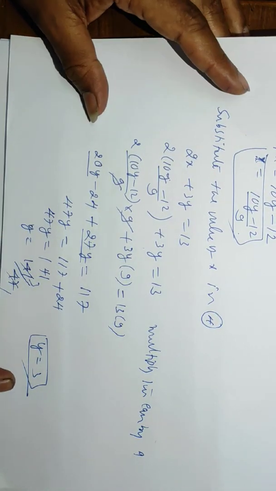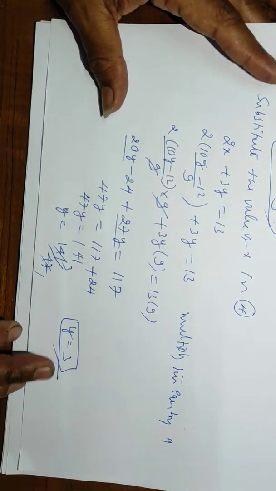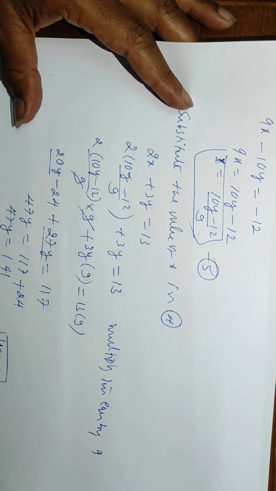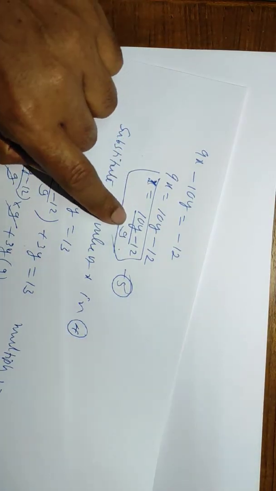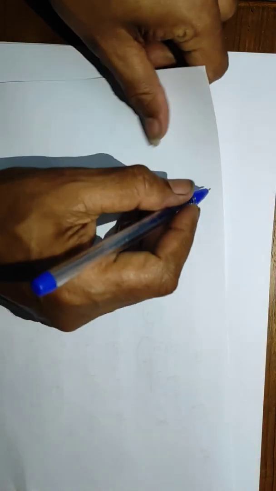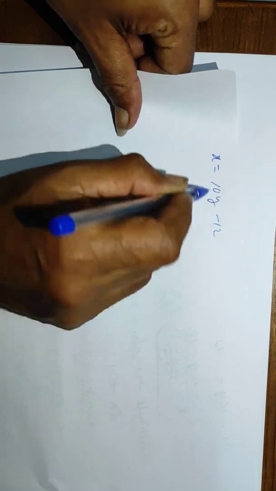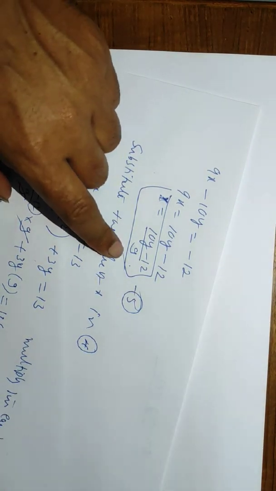Substitute the value of y in equation 5. So we get, equation 5 is x equals 10y minus 12 by 9.